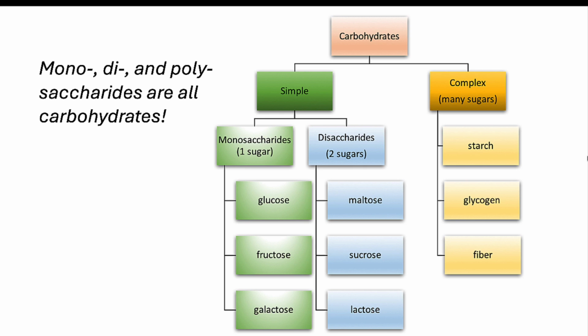But maltose, sucrose, lactose are all disaccharides where we have two monosaccharides that come together. And finally, we have many sugars where we get these large, often branching molecules like starch or glycogen. These are for energy storage for both plants and animals, or I should say for glucose storage for plants and animals. And then fiber is another complex carbohydrate.